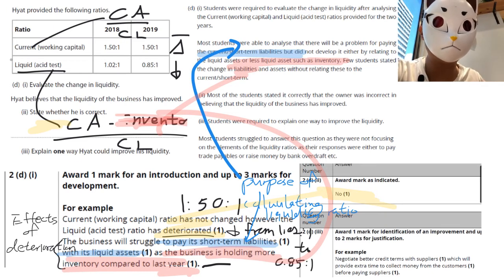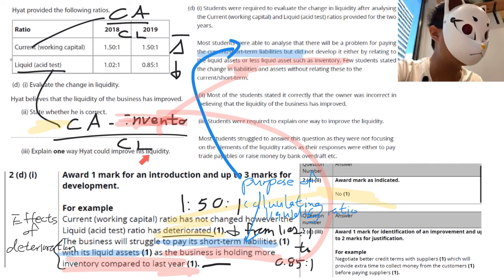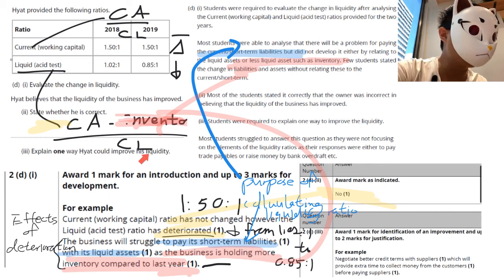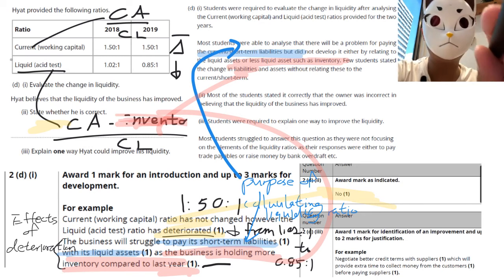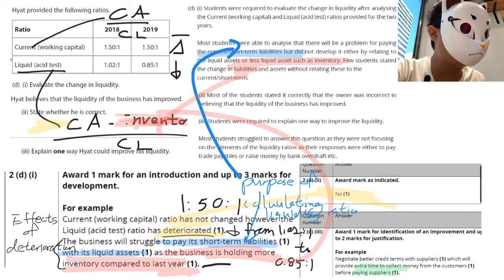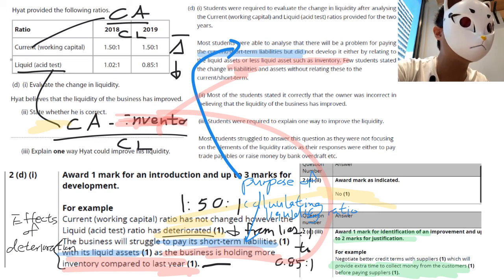Most students get it correctly. The last one is to state one way to improve the liquidity. One of the ways to do it, for example, is to ask for extra time to pay the obligations. So 1 mark for the identification and 2 marks for justification. But the exam report says most students struggle to answer the question because they do not focus on the elements of liquidity ratio.